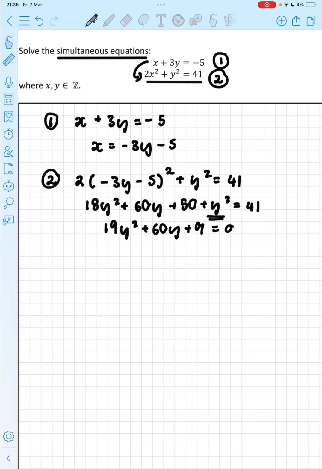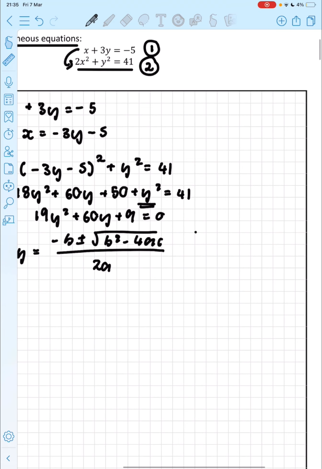Now I don't like the look of factorizing that, so I'm just going to use my minus b formula. So that's minus b plus or minus the square root of b squared minus 4ac all over 2a. So in this case, a is equal to 19, b is equal to 60, and c is equal to 9.